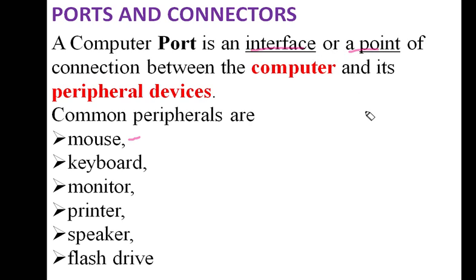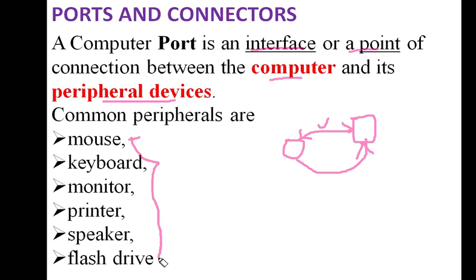Interface means somehow we have to connect an external device to a particular point. We want to access from this point to this point, and that is called an interface. The connection is between the computer and its peripheral devices. Peripheral devices are the mouse, keyboard, monitor, printer, speaker and flash drive.